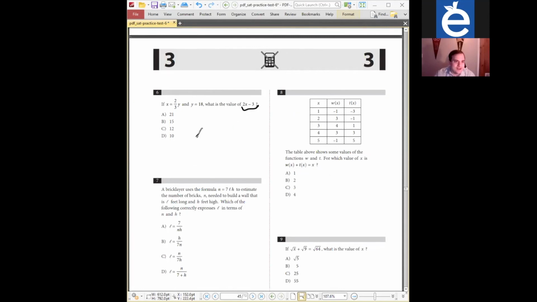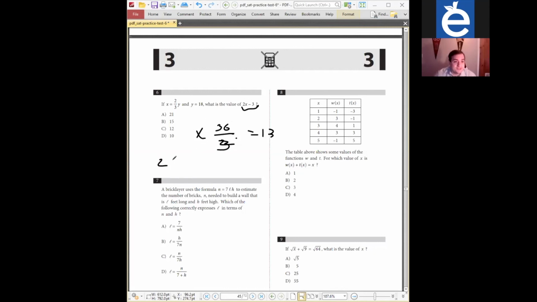So step one, x is equal to, all right, 2 times 18 is 36 divided by 3 rather, which is 12, right? So now we know x is equal to 12.